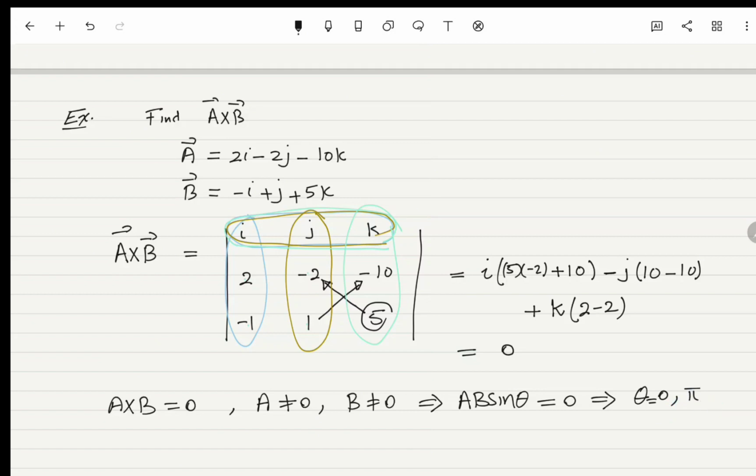In such a way, the angle between A and B is pi, and it means A is anti-parallel to B.